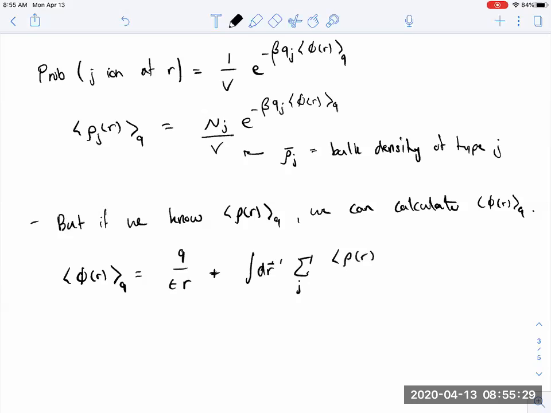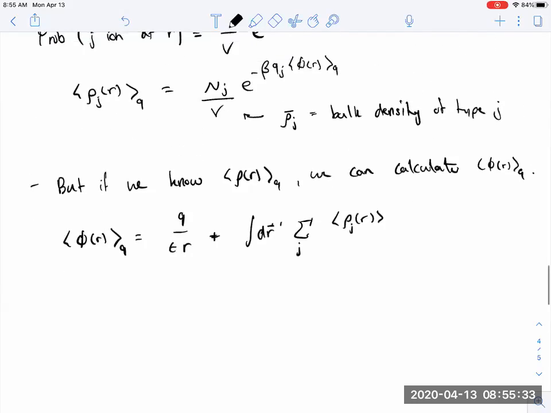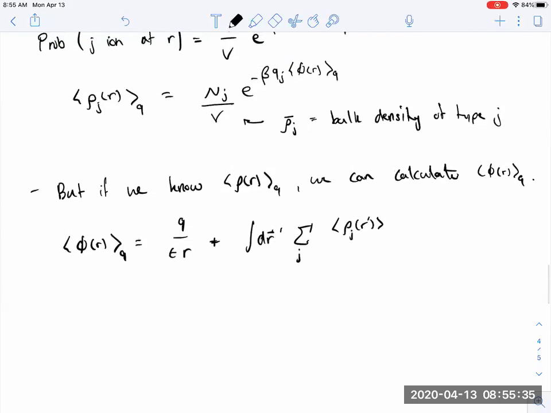And then if there is an ion of type J at one of those positions, it's going to contribute its own field, which has the same form, that distance from point R, where we're asking for the electrostatic potential, times its charge and 1 over the dielectric constant.